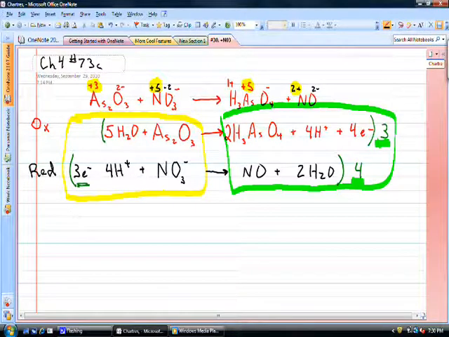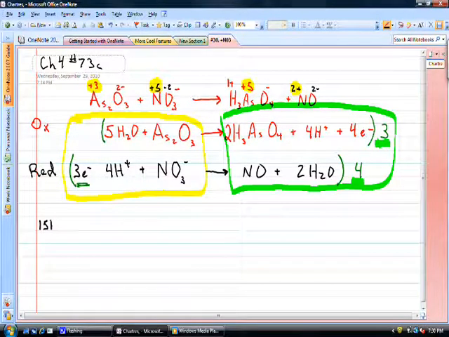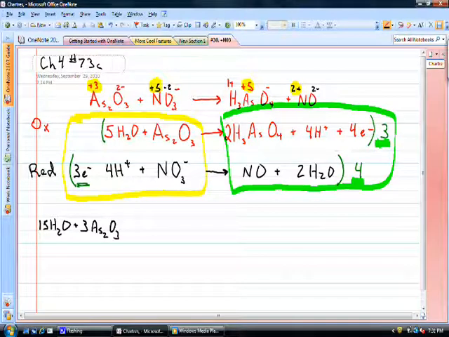Down here below, we're going to start by writing the 5 times 3. That's how many waters we have. 5 times 3, that's 15 H2O. We're going to add 3 As2O3. We're going to add, here's our 3 times 4 electrons.